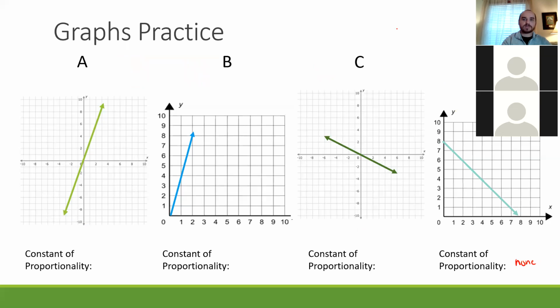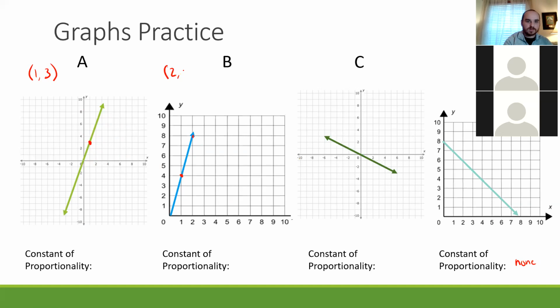Now we want to calculate the constant of proportionality for A, B, and C. So what we're going to do is pick any point on the graph except for 0, 0, and we're going to take the ratio of the y to x. Now, these are kind of small, so I'm going to mark out some points for you guys. So here's this one. It's the point 1, 3. This one, we've got a point at 1, 4 and 2, 8.